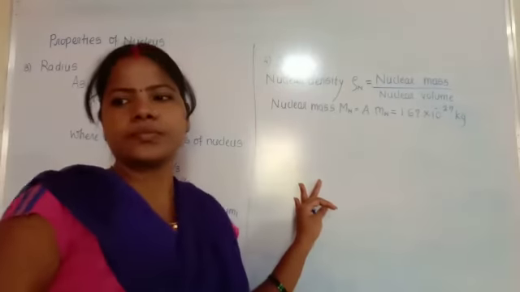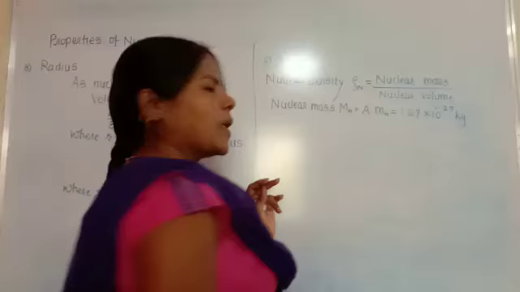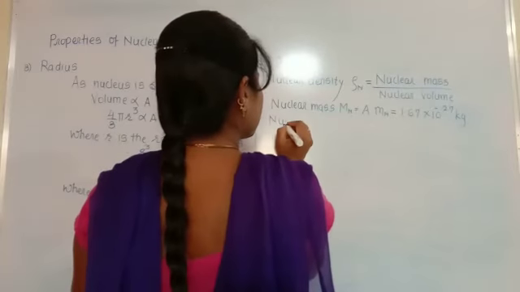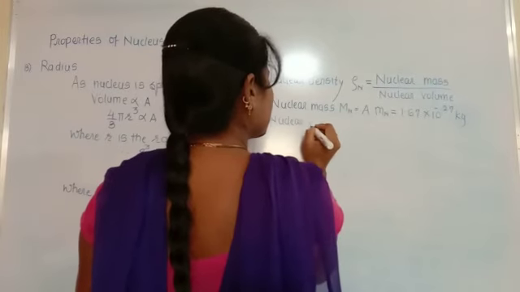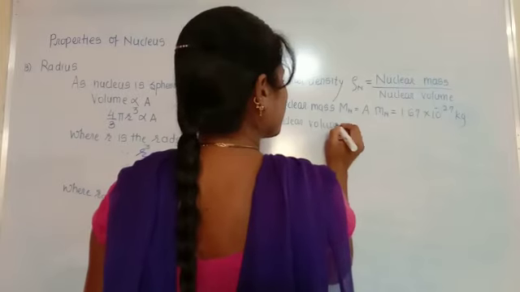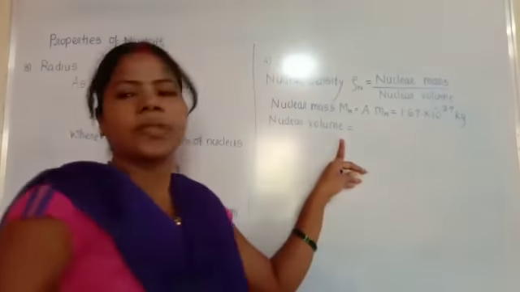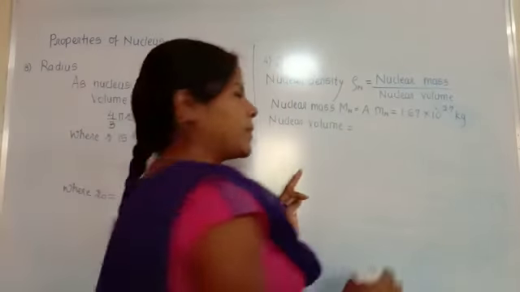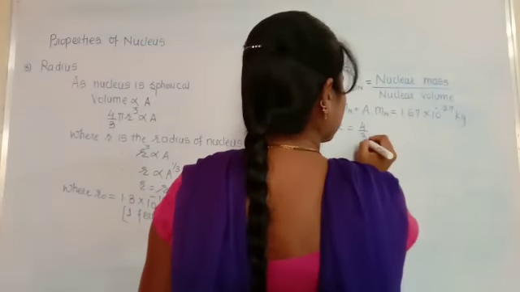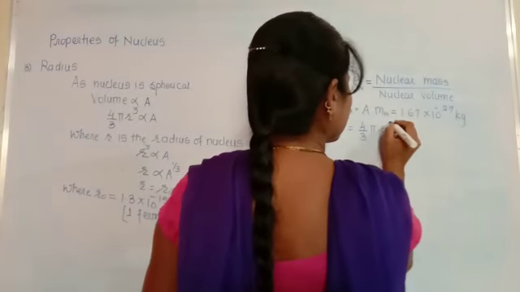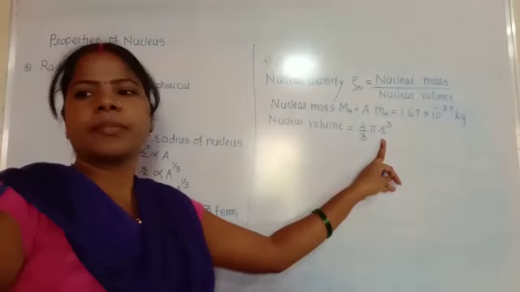This is the value of nuclear mass. And nuclear volume is equal to 4/3 pi r cube.